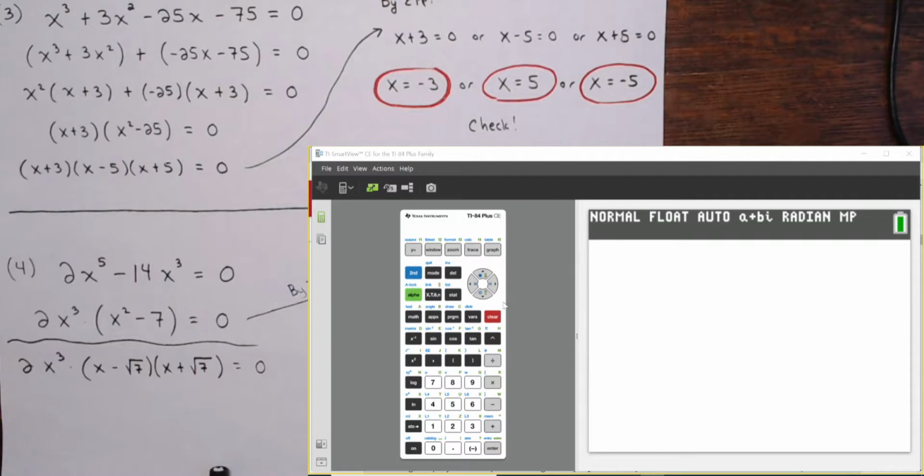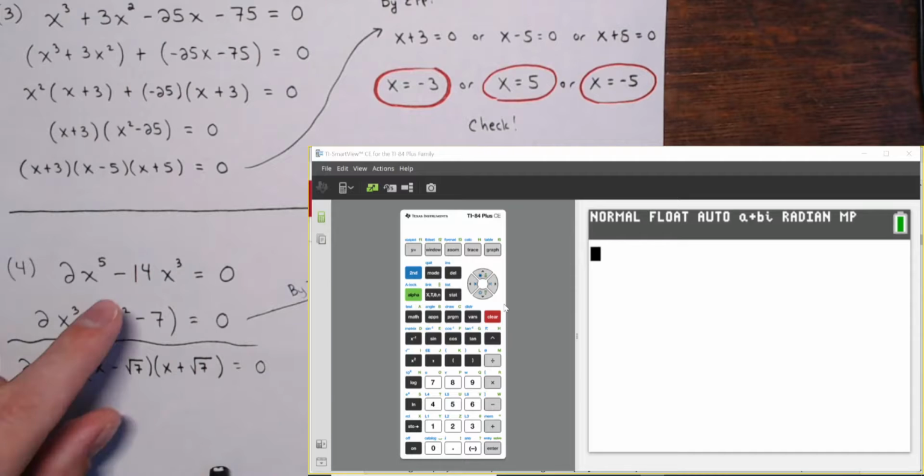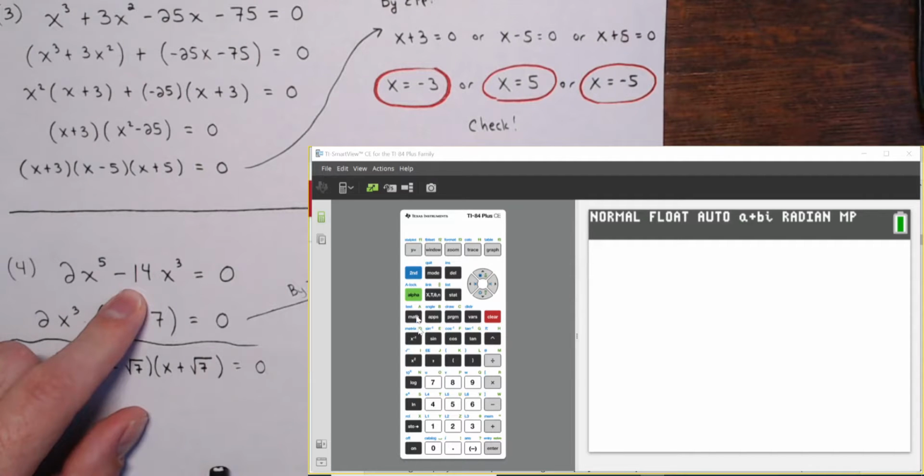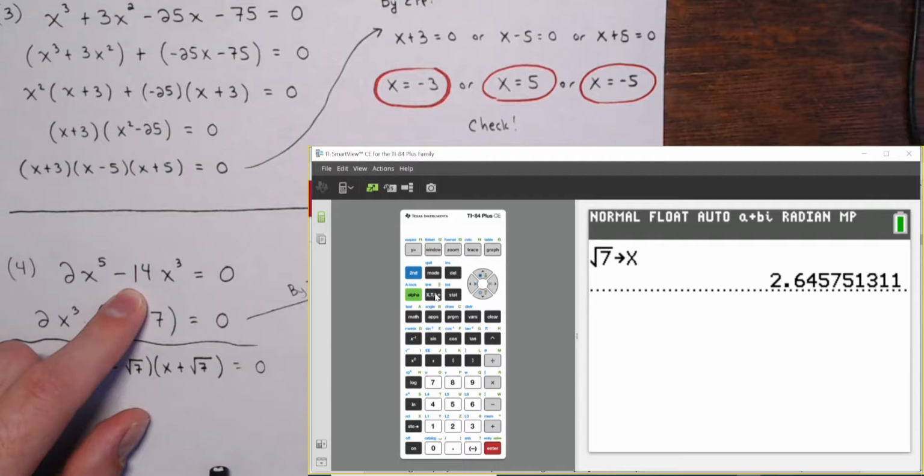So if I wanted to check the square root of 7 in this equation, I'll type in the square root of 7, and then store it as x. So I hit the store button and then x. Now whenever I hit the x button, it's the square root of 7. See, x is the square root of 7.